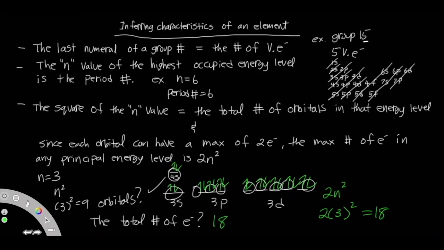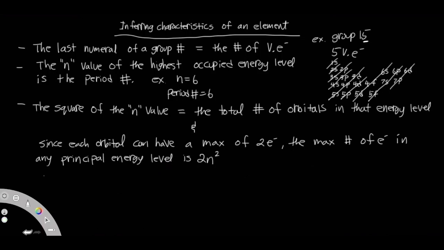Let's do another example. This next example here, I'm going to have n is equal to 4. And same thing. I would like you to tell me what is the number of orbitals.